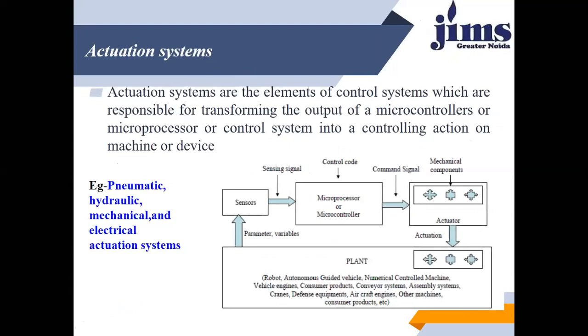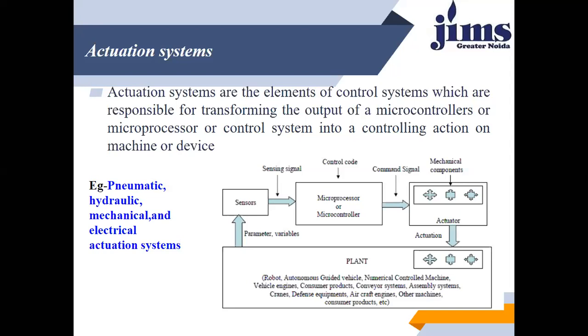I already discussed the plant layout, how the pneumatic, hydraulic, and mechanical electrical actuators are working in the industry after the implementation of microcontrollers, microprocessors, automatic control systems, drives and devices. In a plant we are using robots and autonomous guided vehicles, AGV.